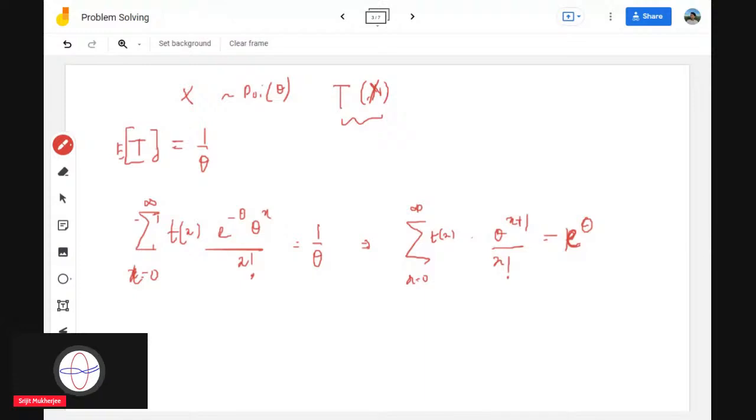We can get something about T of x, maybe. Is it true? Please tell me what we can write out here. I think theta will be taken common over here, 1 plus... Tell me what we'll write over here.